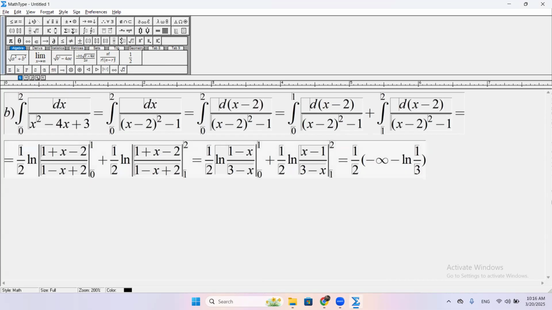Then plus 1 over 2. So what do we have here? So 0 minus minus infinity.